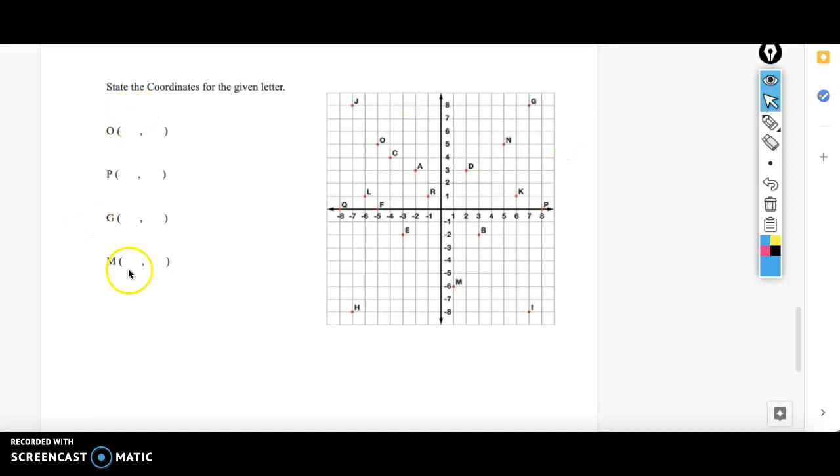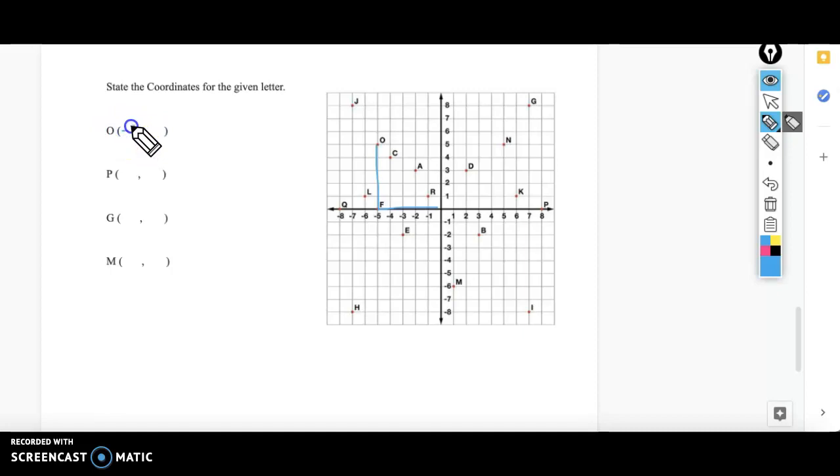So over here I have a couple points. We're just going to fill in the blanks. So again, if I'm looking for point O, remember my left and right, my X comes first, my Y comes second. So I want to move left and right first, up and down second. So for O, I'm moving all the way over to -5, up to a +5.